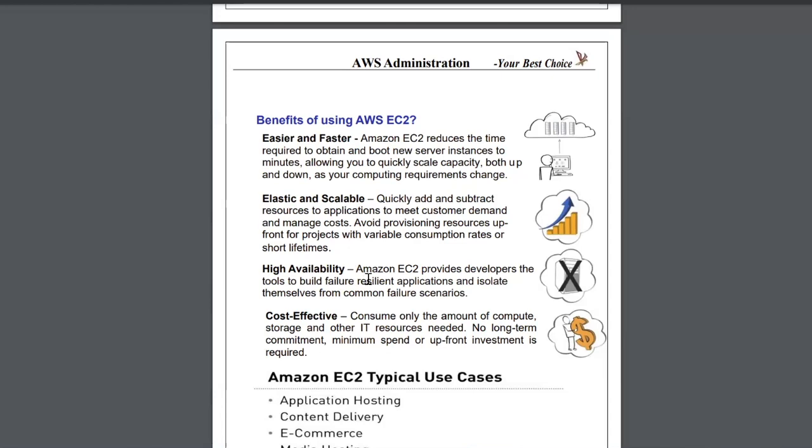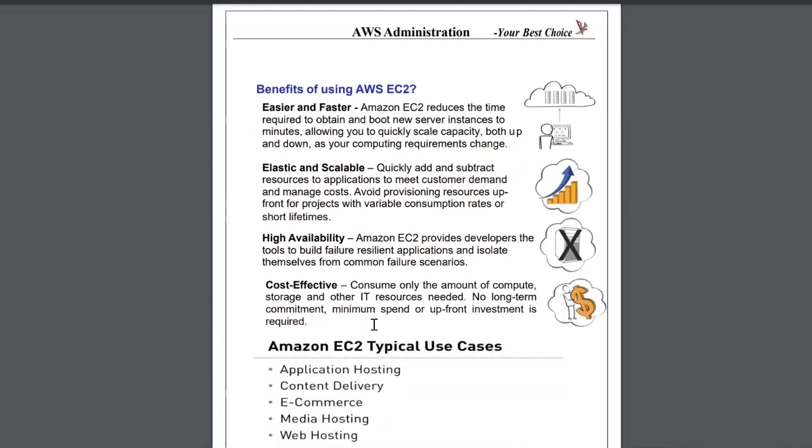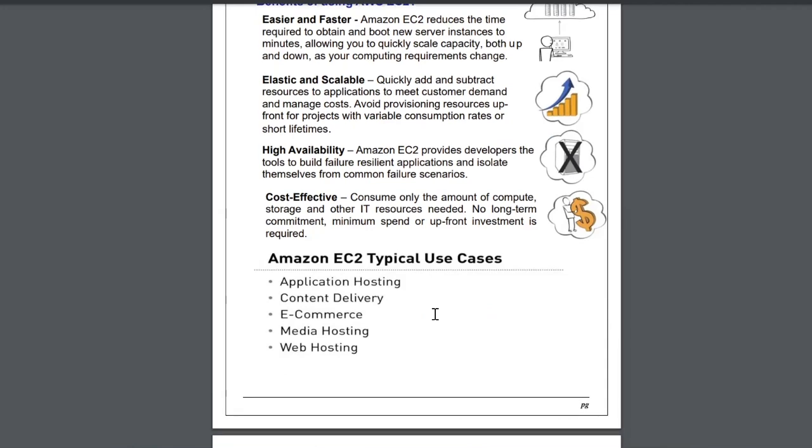High availability: Amazon provides developers the tools to build failure-resilient applications to isolate themselves from common failure scenarios. Cost effective: consume only the amount of compute, storage and other IT resources needed. No long-term commitment, minimum spend or upfront investment is required.